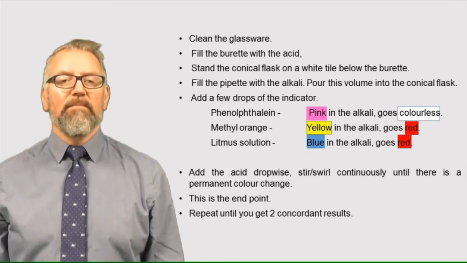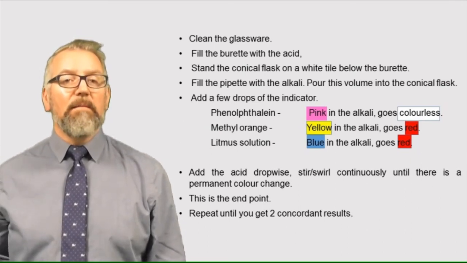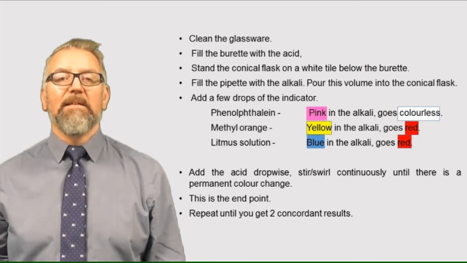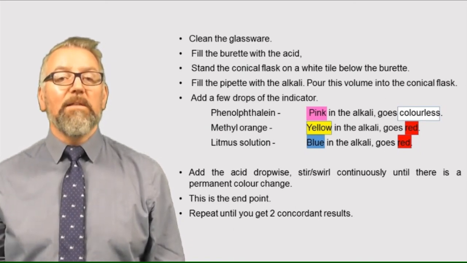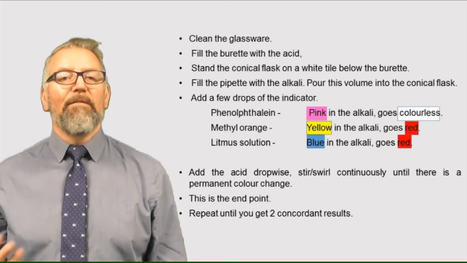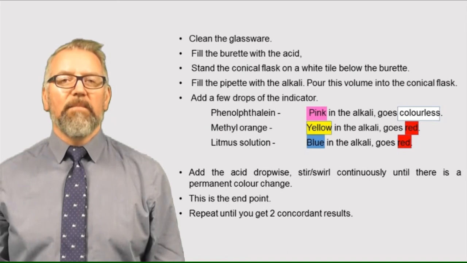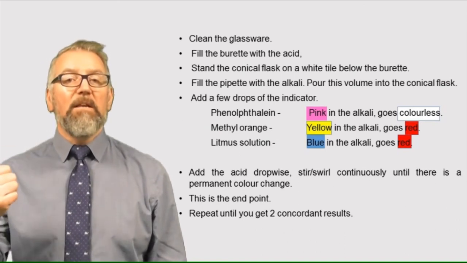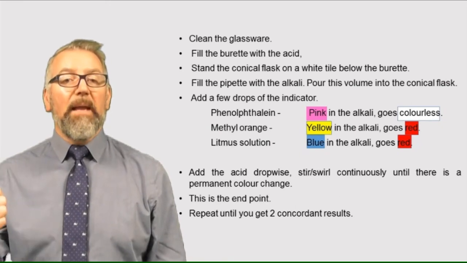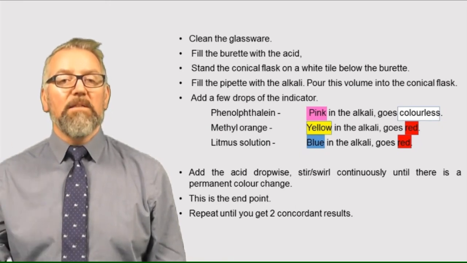the indicator. We're going to clean the glassware, fill the burette with the acid, stand the conical flask on a white tile below the burette, fill the pipette with the alkali, pour the volume into the conical flask. Add a few drops of the indicator. We've got 3 choices. Phenolphthalein, this is going to go pink in the alkali and goes colourless.